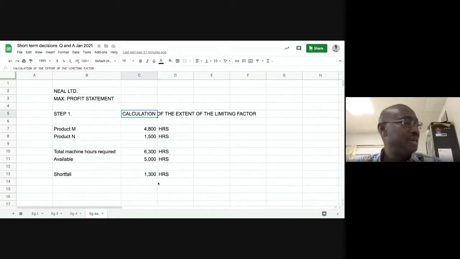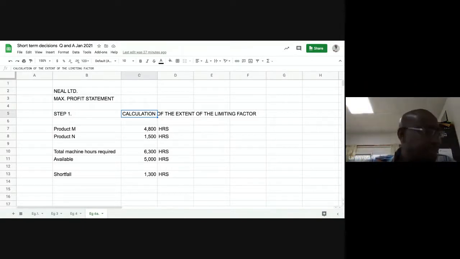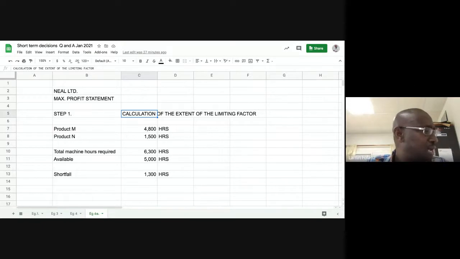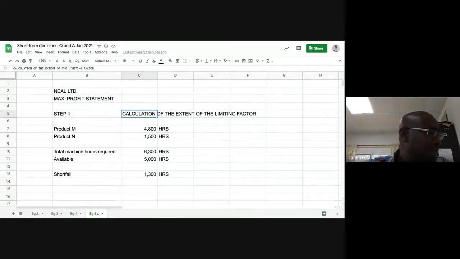Okay, so I think we can go ahead. We looked at only the first part of the question, and we determined the extent of the limiting factor.